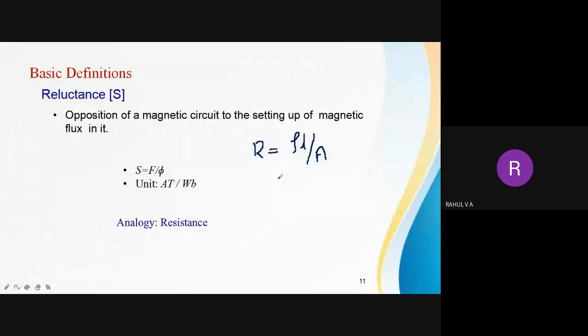What is rho in this equation? Resistance R is equal to rho L by A. So what is rho in this equation?